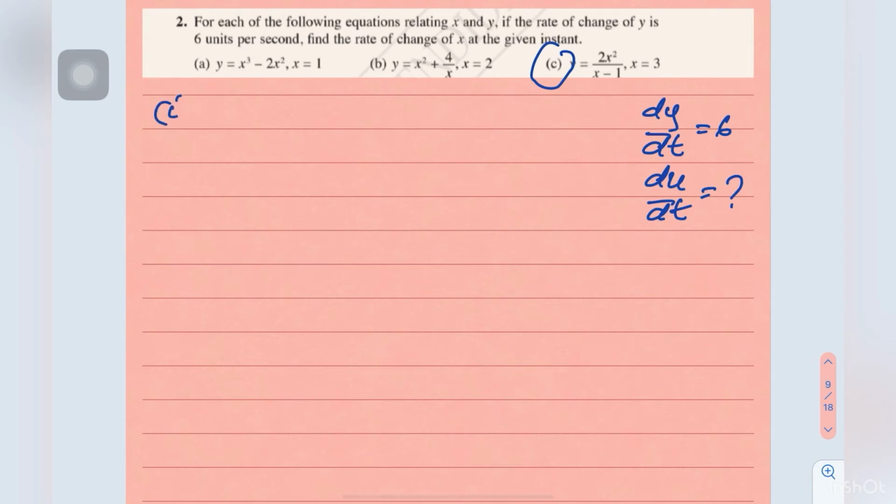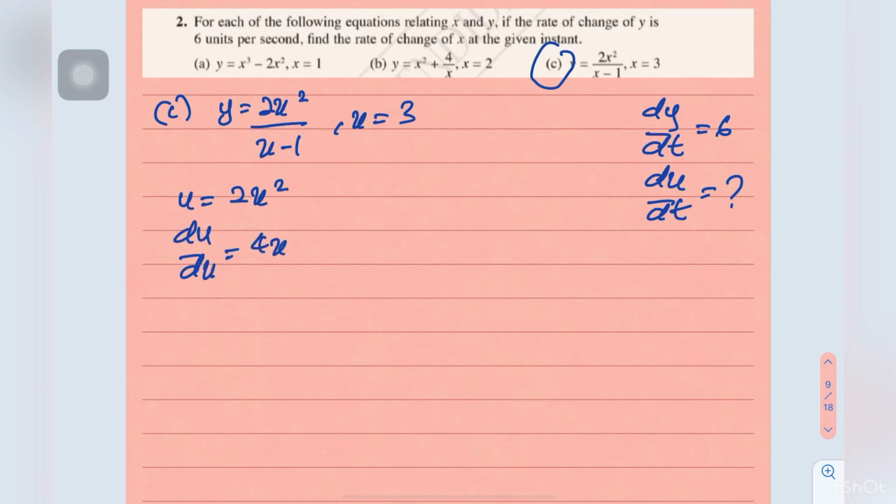Okay, so given y is 2x squared over x minus 1, when x equals 3. This one you have to use the quotient rule. So u is 2x squared, du/dx is 4x, v is x minus 1, dv/dx is 1.